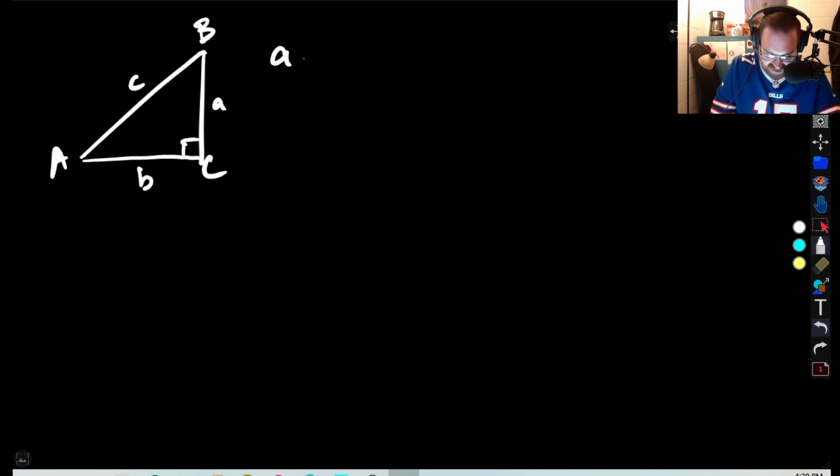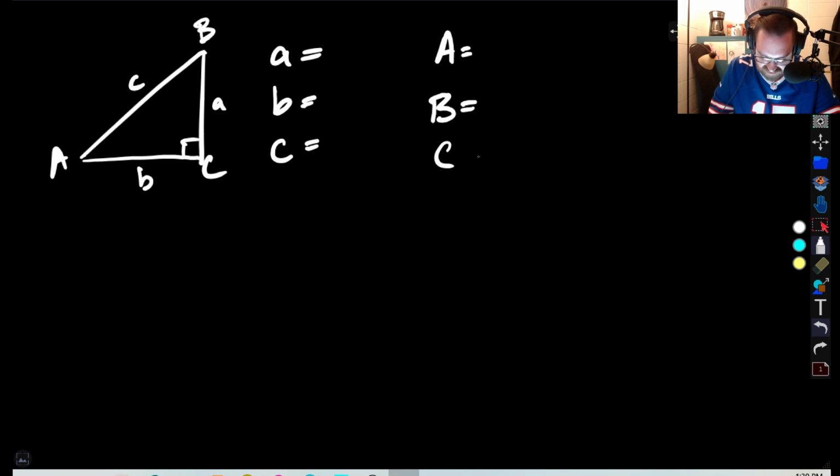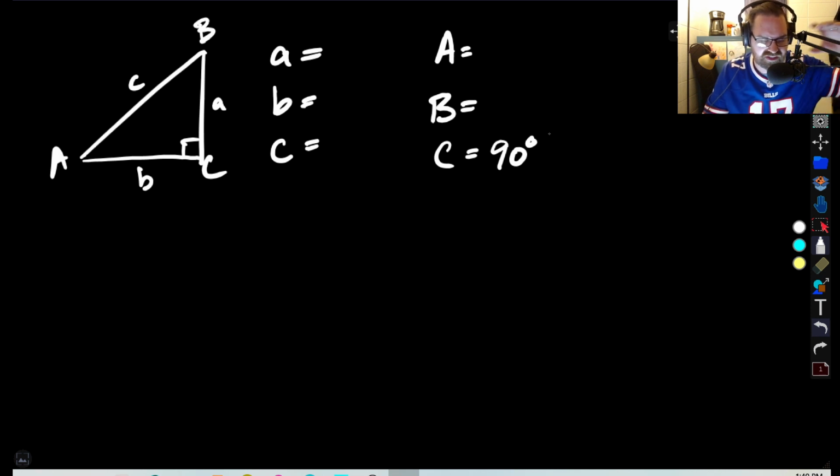We're trying to figure out our A, our B, and our C, which in this case we already know is 90. C is always 90 so far, and we're not going to deal with anything different in this circumstance.